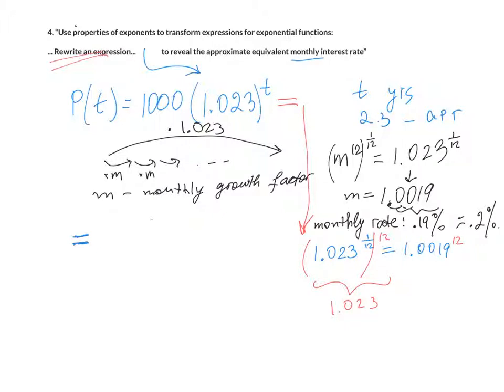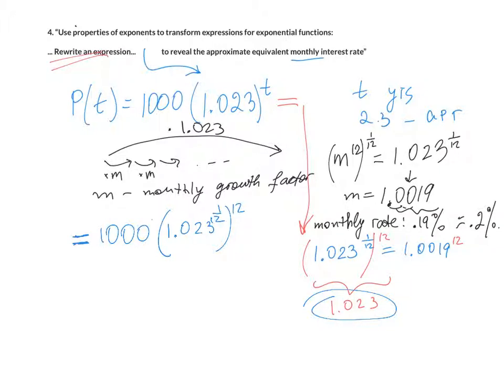That's where we are going to use properties of exponents, because powers multiply when you raise a power to another power. So going back to our expression that we want to keep equivalent, we still keep our 1000 now. We need to replace 1.023 with its equivalent. So I can write it the long way. First this. Oops. And then to the 12th power.